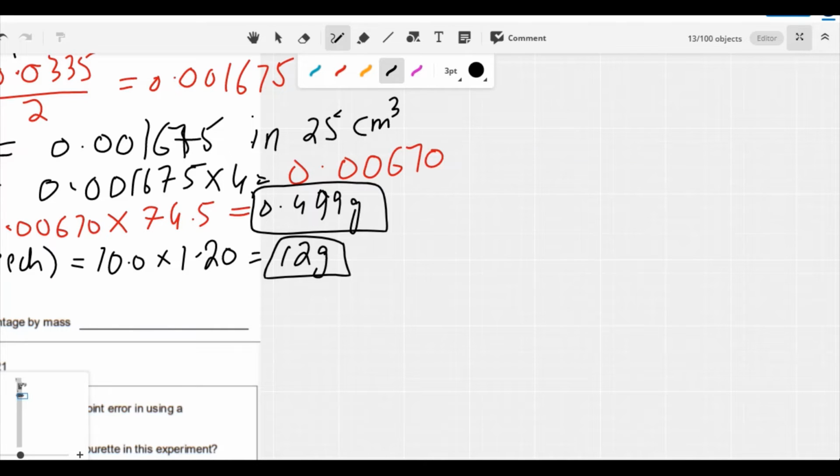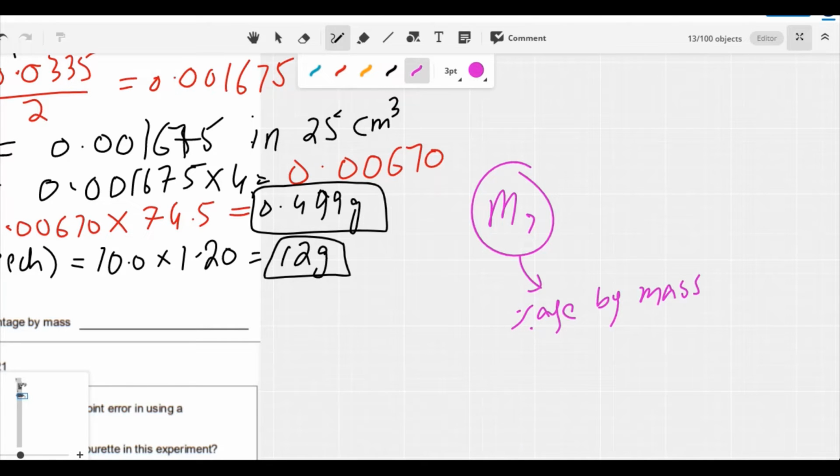So M7, the percentage by mass of NaClO, is equal to 0.499 divided by the mass of the bleach, 12 grams, times 100.